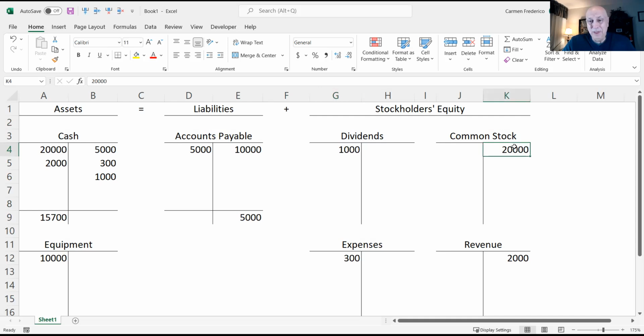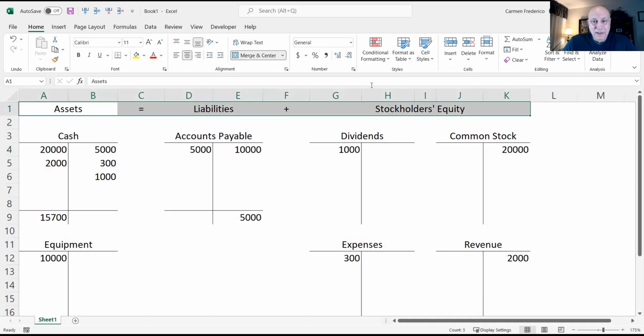So increases when they invest money in, decreases the equity when they take money out in terms of dividends. Okay. So that's a little caption or scenario of how we use debits and credits to analyze business transactions using the accounting equation. All right, I'm going to stop sharing my screen for a sec.